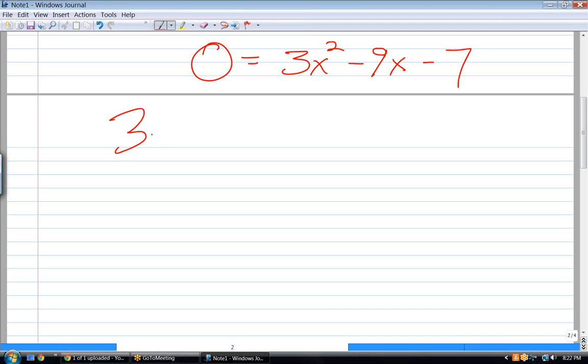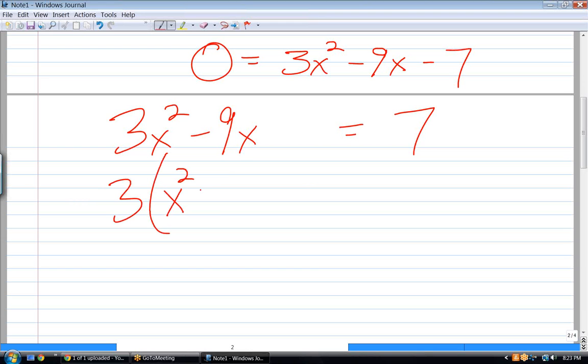Now I'm going to switch the sides also, which obviously doesn't have any bearing on it, whether I write the 7 on the left or the right side of the equation. And factor out 3, which leaves you with x squared minus 3x. Then same thing, you do 3 divided by 2, 3 halves, then you square it, be 9/4.